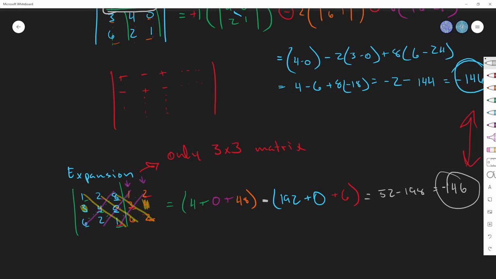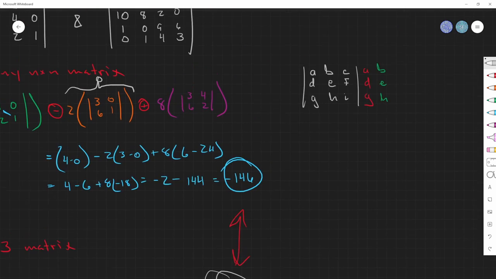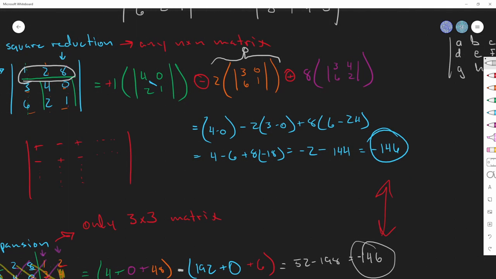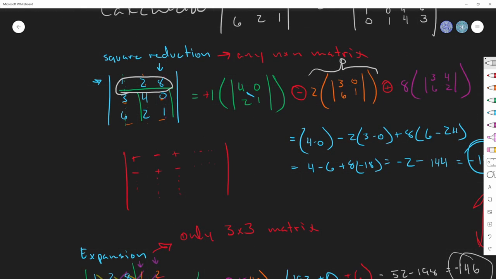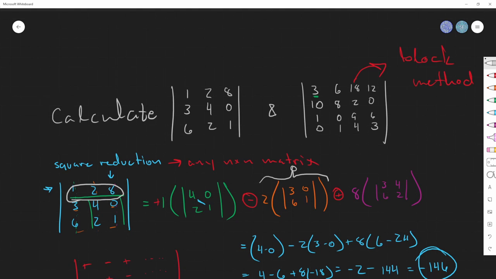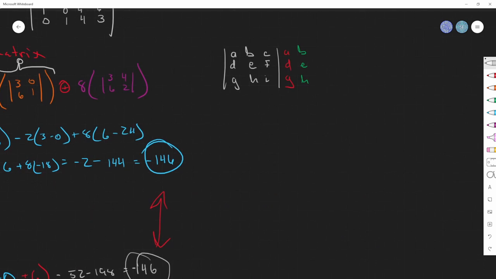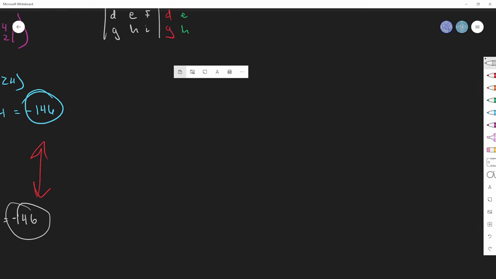As you can see, and like in the last video, it does look kind of messy, so I'm going to re-explain it real quick, and hopefully it'll make much more sense. For the first one, we're just going to redo the square reduction example. I'm going to paste it again.